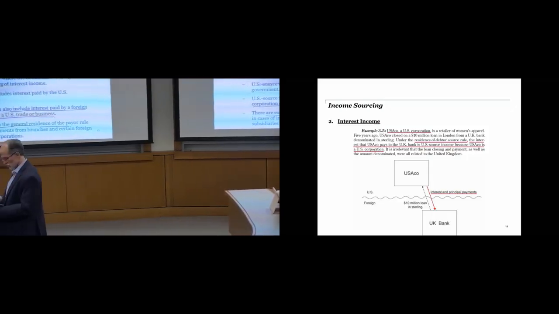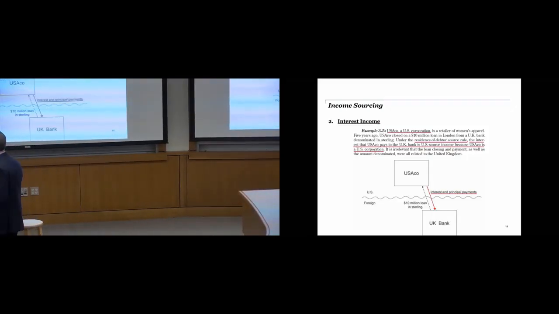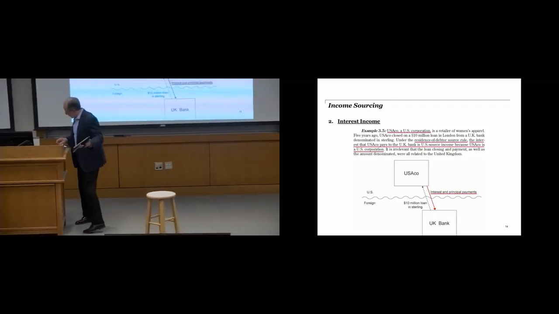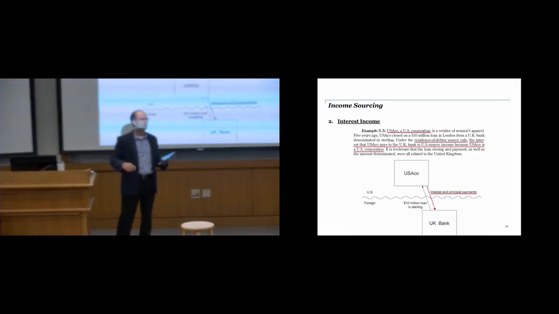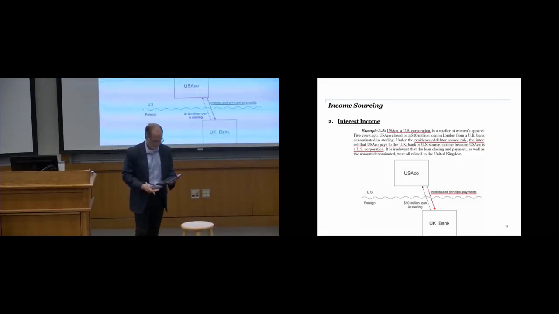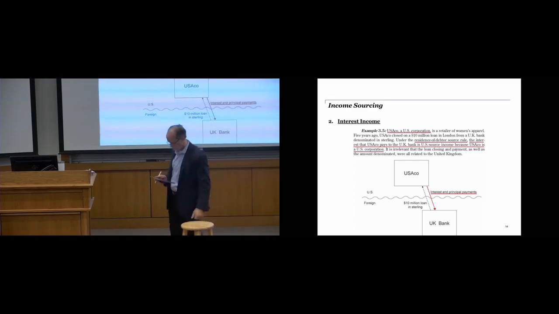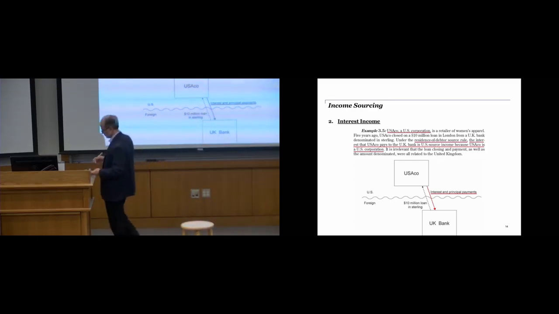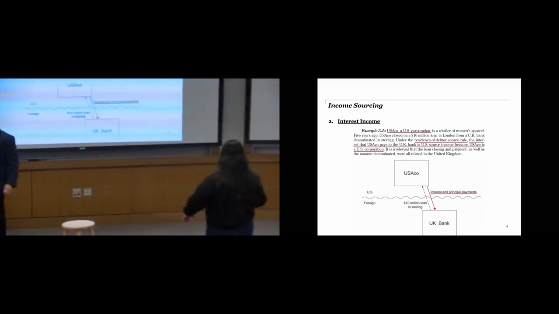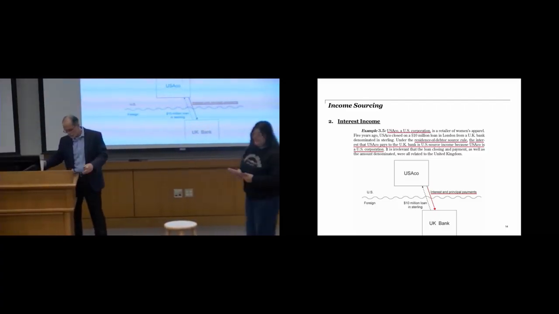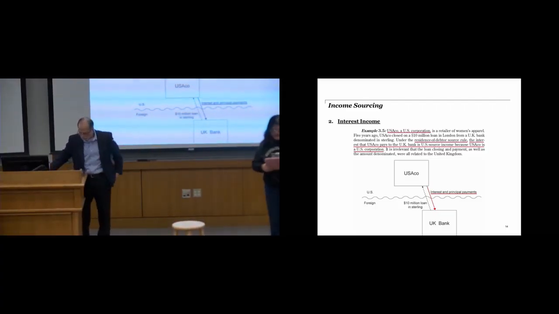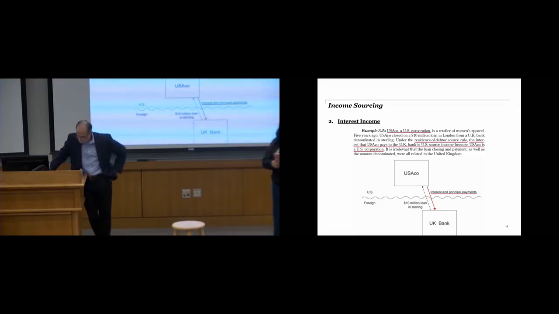Okay, let's do 3.5. 3.5 is Esmeralda. This example is about a U.S. company called USA Co. that borrowed $10 million from a bank in the UK.